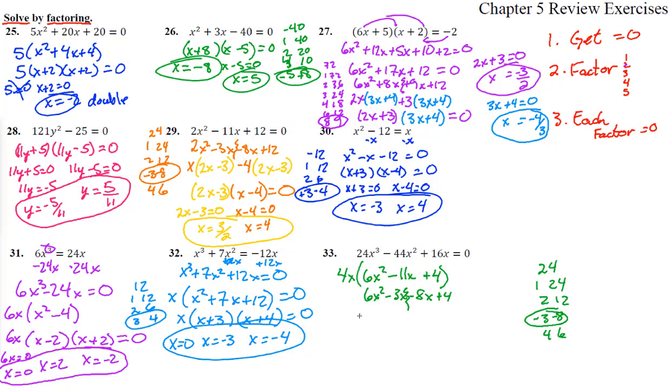Chainsaw. Take out a 3x, and we're left with 2x minus 1. Then here we can take out a minus between the 8 and the 4, and hopefully we're left with that exact same thing.